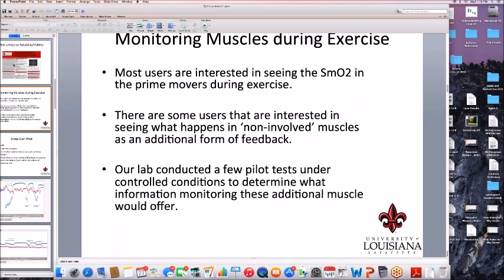So we actually dumped the raw data into a program and then collapsed it based on a moving average, and then ran what's called a repeated measures ANOVA to test whether there was any differences by time.